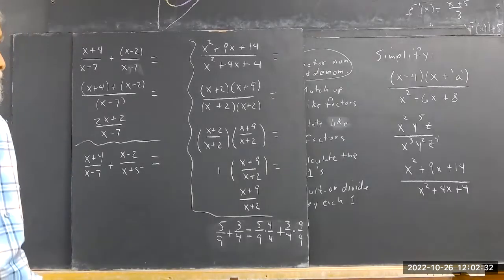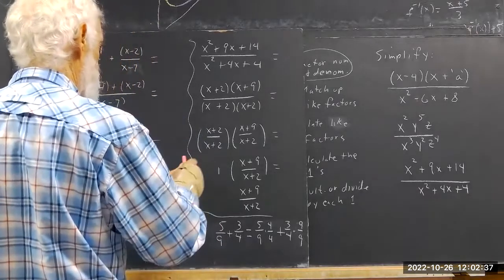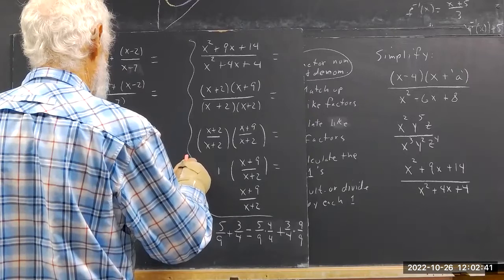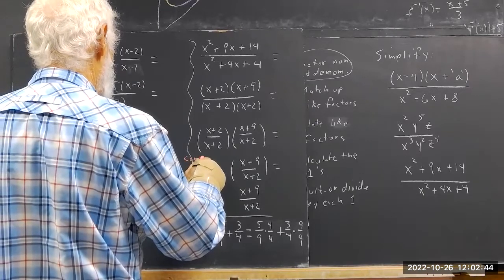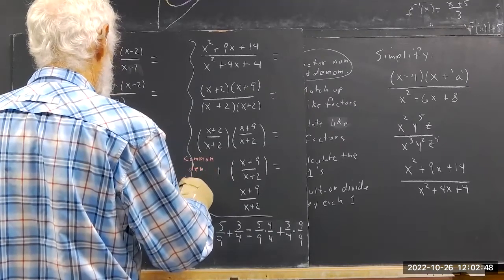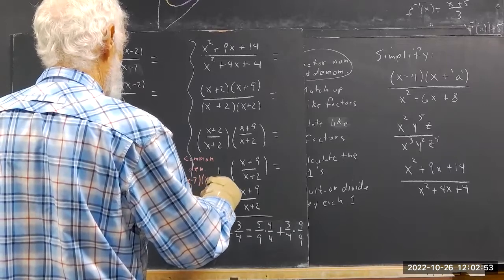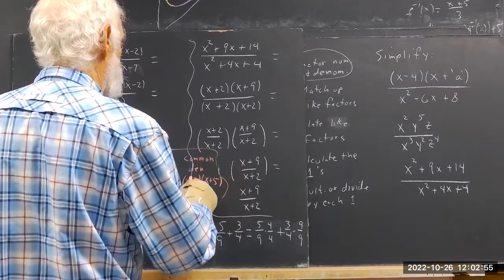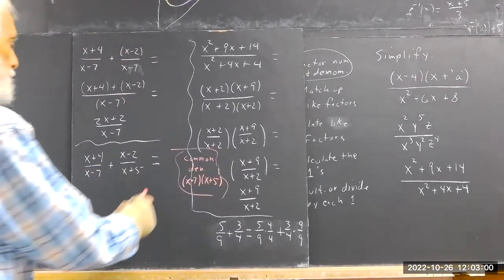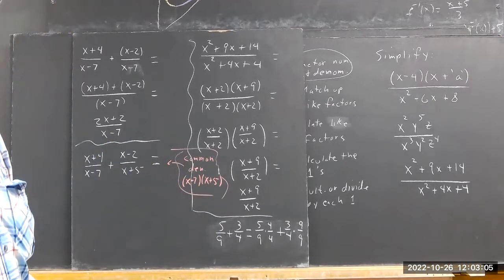So we would note, and I didn't leave myself room to note it, the range. Now your common denominator is going to be x minus 7 times x plus 5.